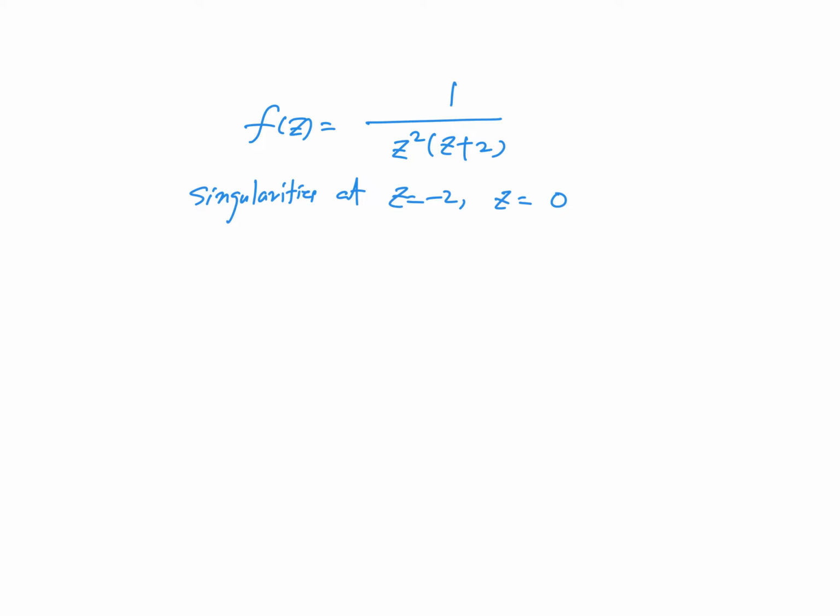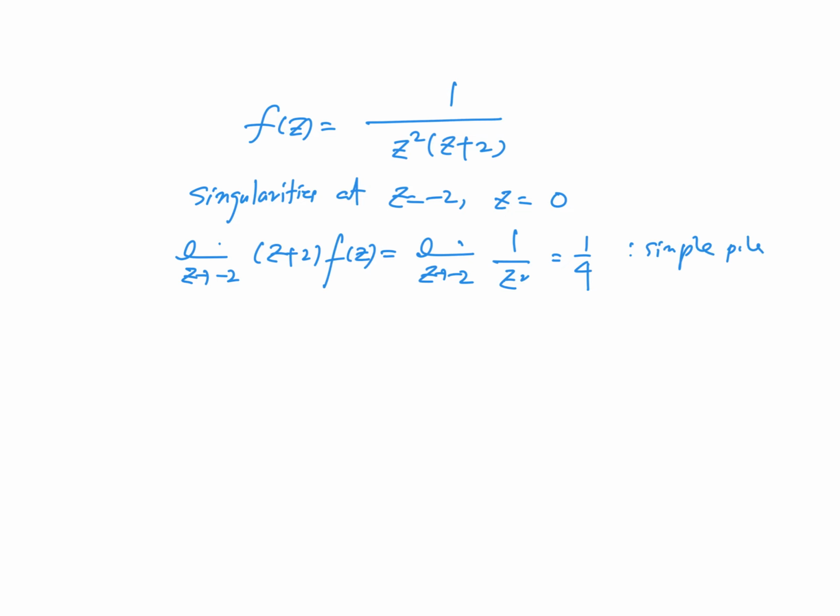So z equal to minus 2 is obviously a simple pole, right? So we can check. The limit as z goes to minus 2 of (z plus 2) f(z) is 1 over z squared, which is 1 over 4. So it's a simple pole, right? And that's your residue.